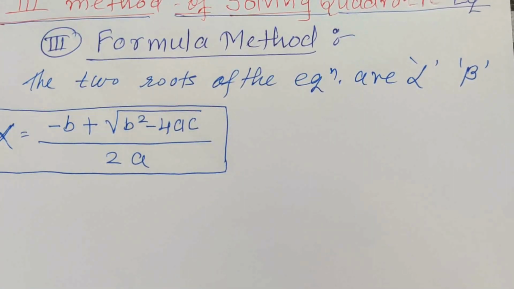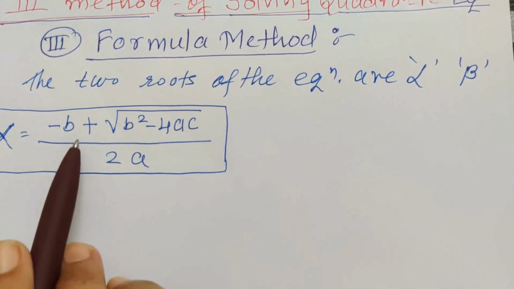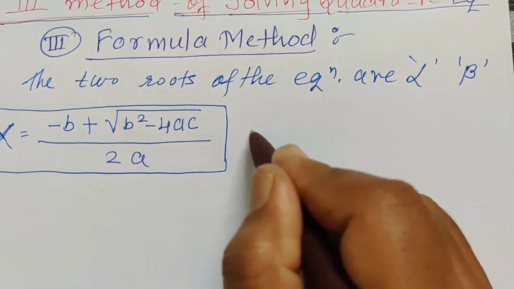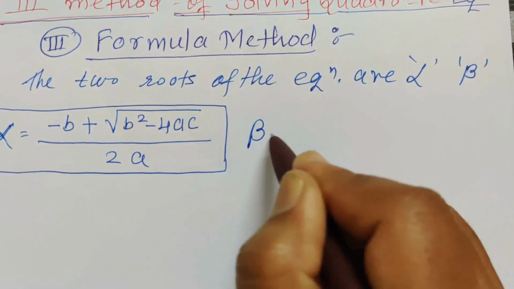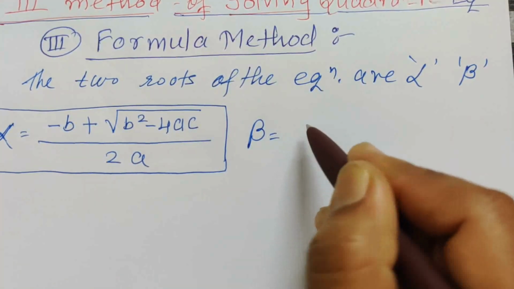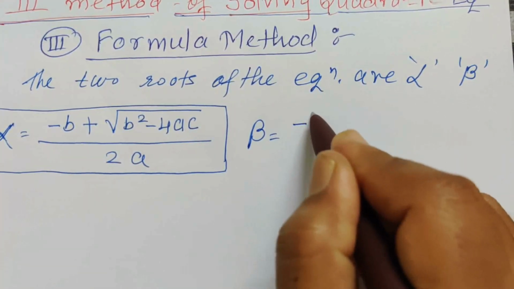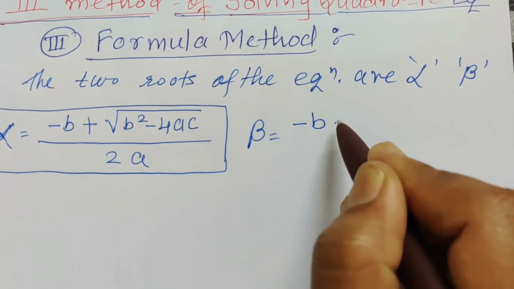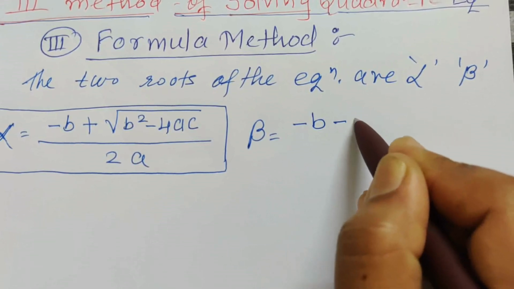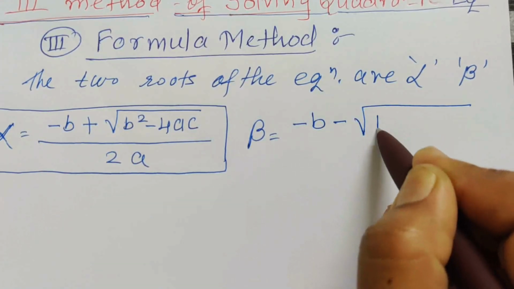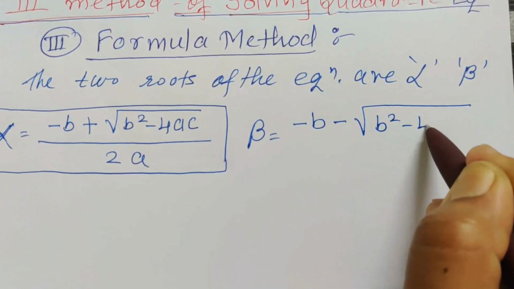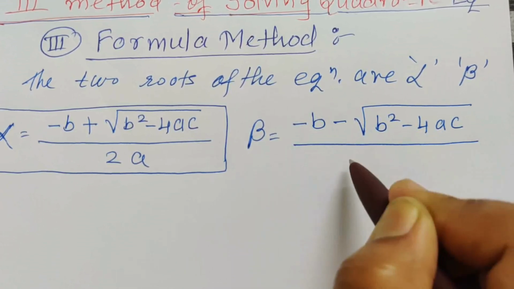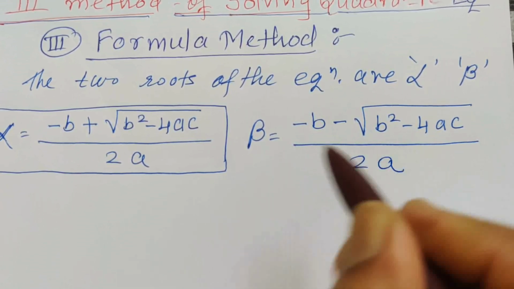Then for beta the formula is the same, only this plus sign is changing into minus. So I am writing here beta is equal to minus b minus under root b square minus 4ac divided by 2a.